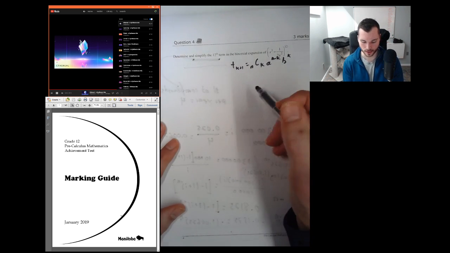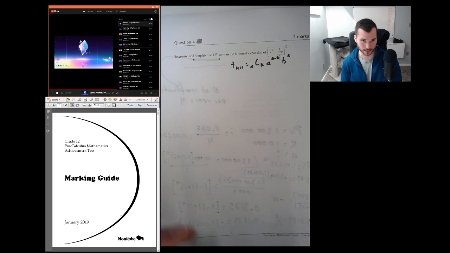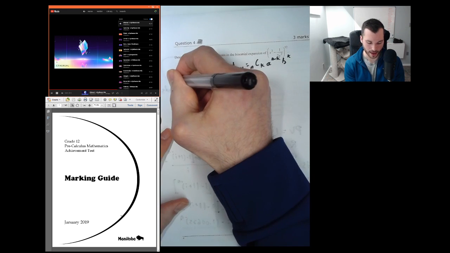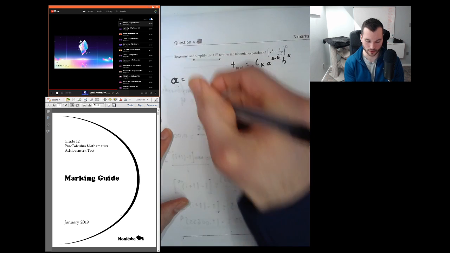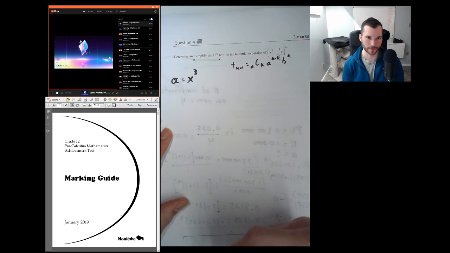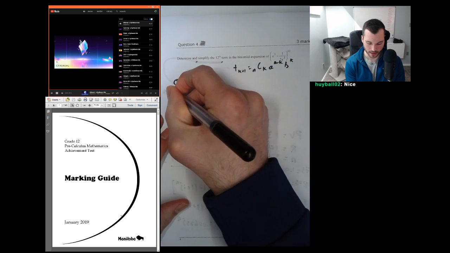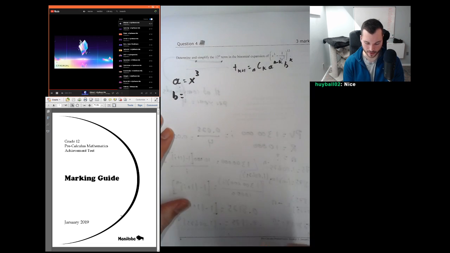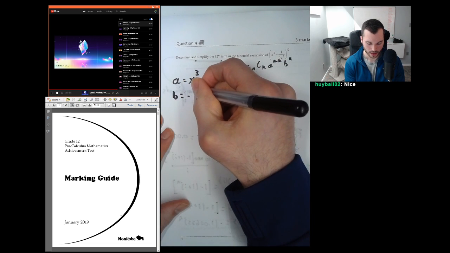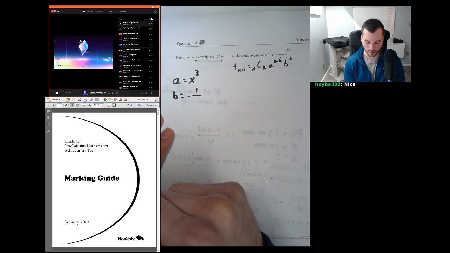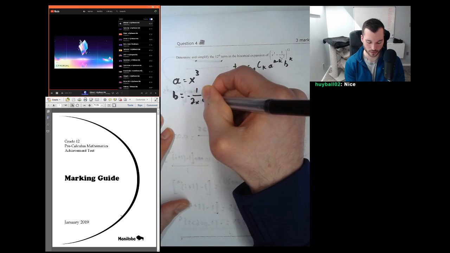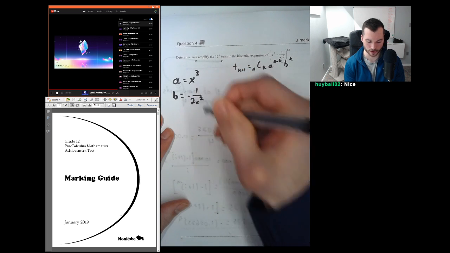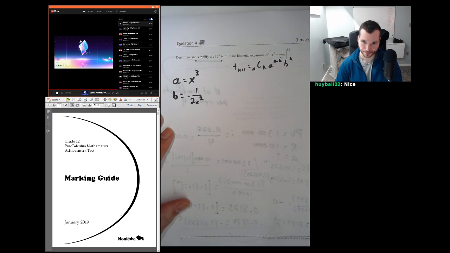We know that my a value in this case is going to be x to the power of 3. That's my first term. My b value is negative 1 over 2, 2x to the power of 2. So that's my a, that's my b.